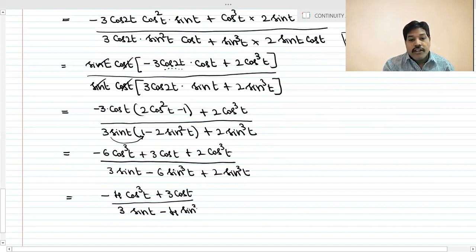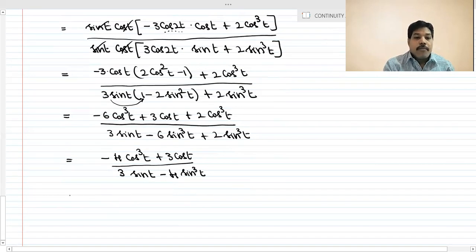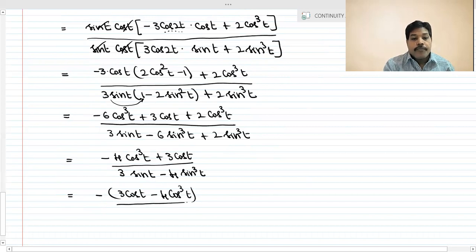In the numerator, I will take the minus common, students. If you take the minus common, it becomes 3 cos t minus 4 cos cube t, whole by.